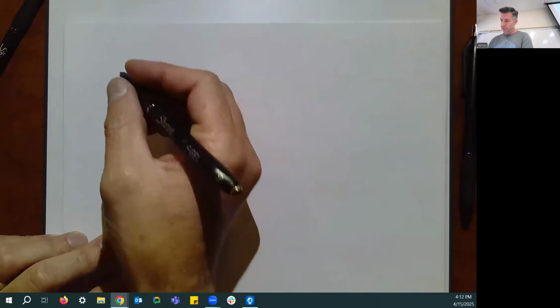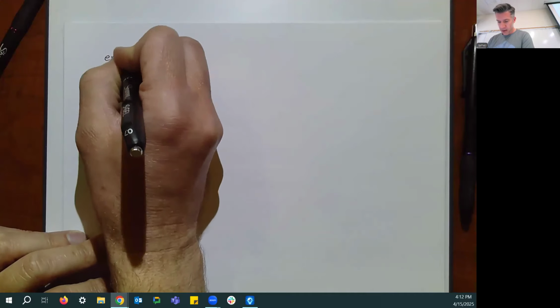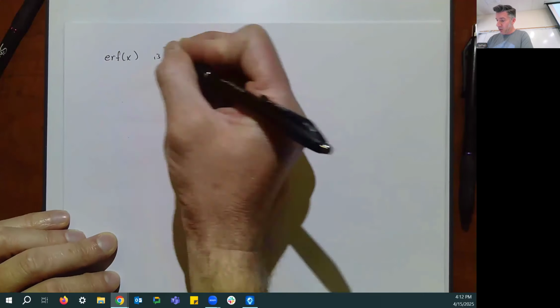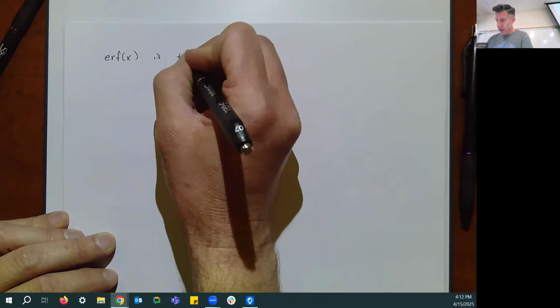He's telling us to write a definite integral for the function Erf of x. Erf of x, and he just says the words, is the area under the curve 2 over root pi e to the negative t squared between, bless you, t equals 0 and t equals x.